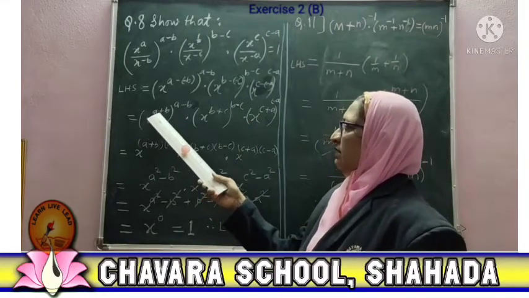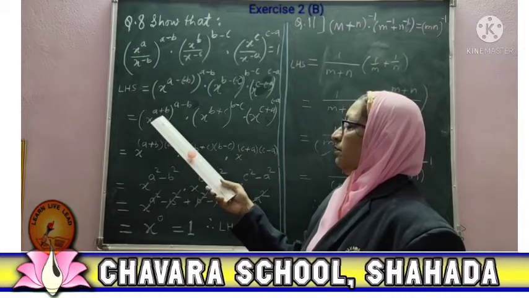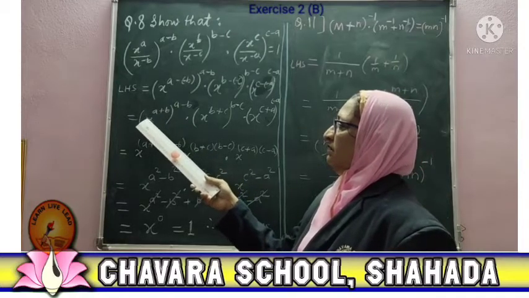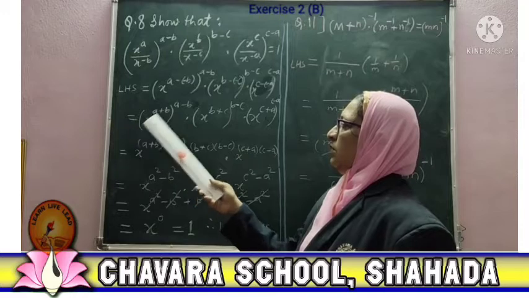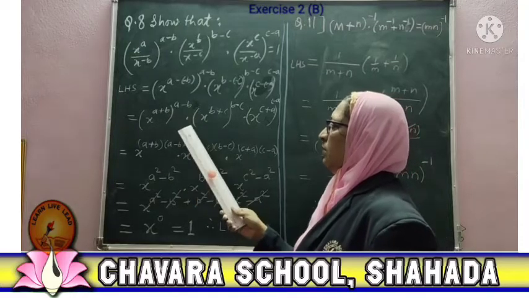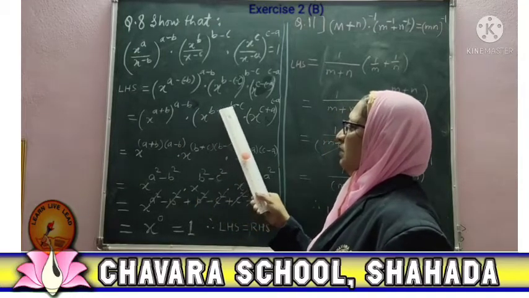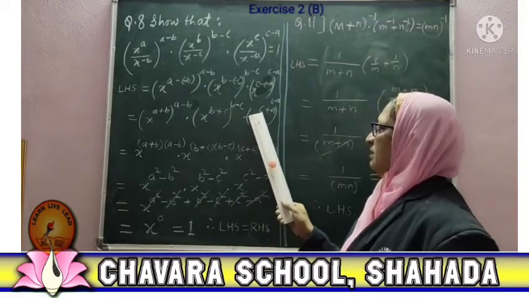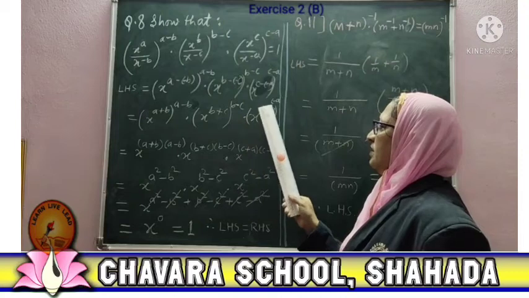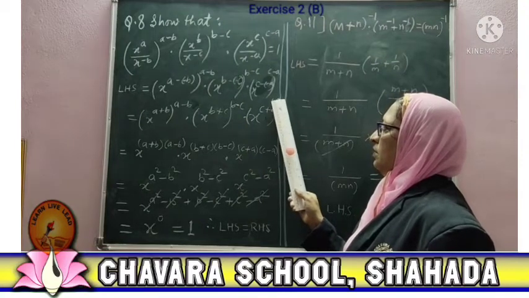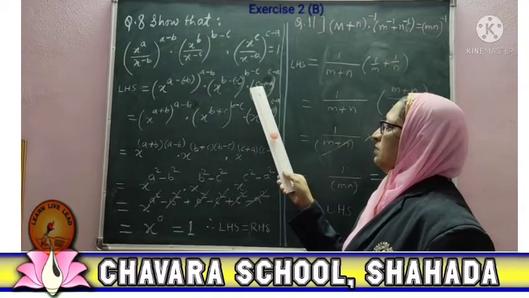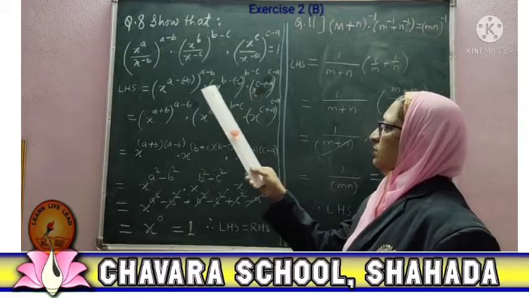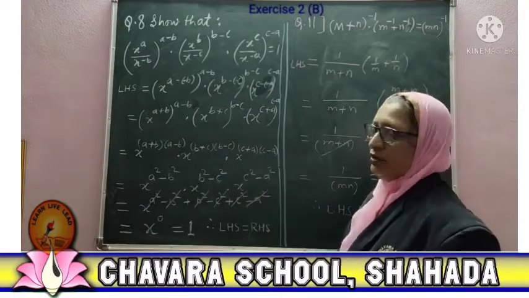So x to the power a plus b, the whole power a minus b, into x to the power b plus c, whole power b minus c, into x to the power c plus a, whole power c minus a. So we saw here, due to this subtraction process, all the negatives in each of the terms become positive.